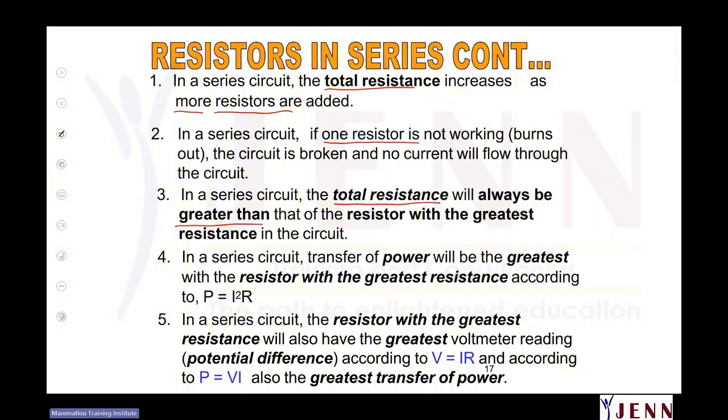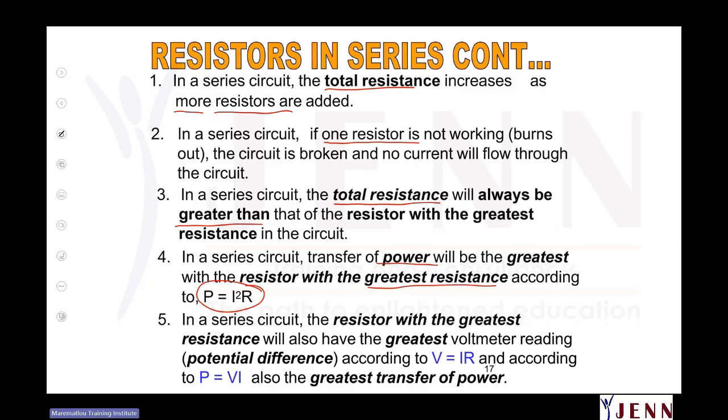And also important for us to note is that in a series connection, power will be the greatest with the resistor with the greatest resistance. In a series connection, the greatest power belongs to the resistor that has the highest resistance, according to that formula.